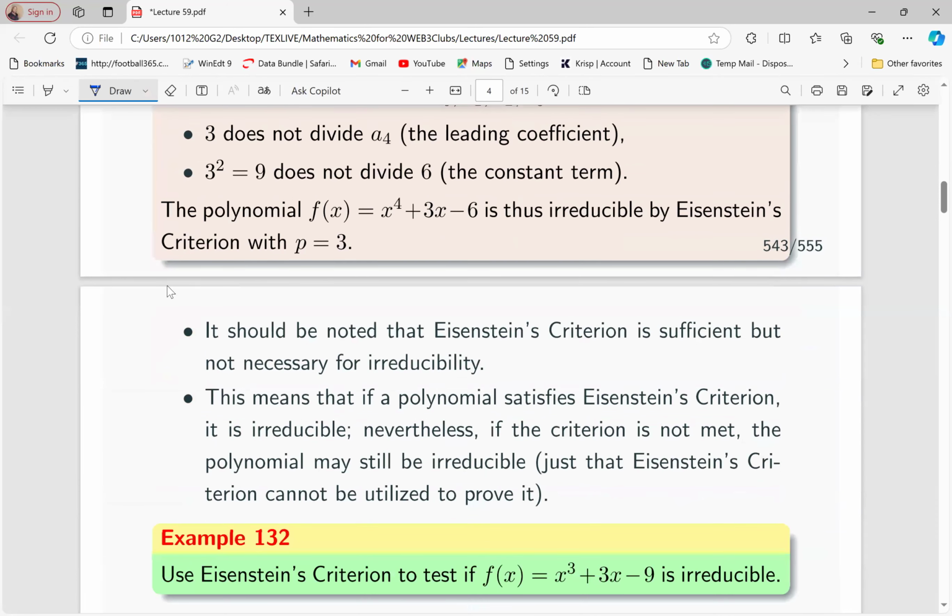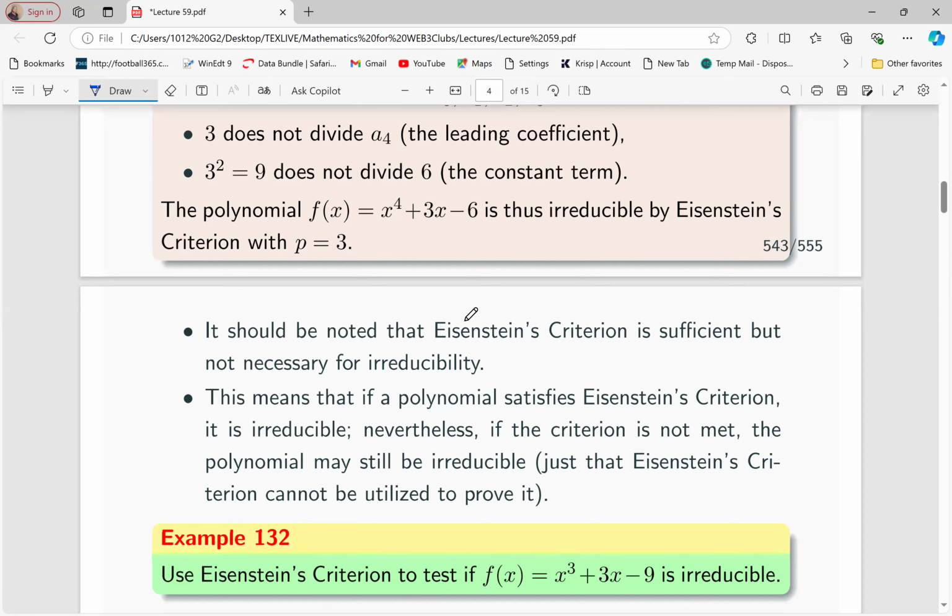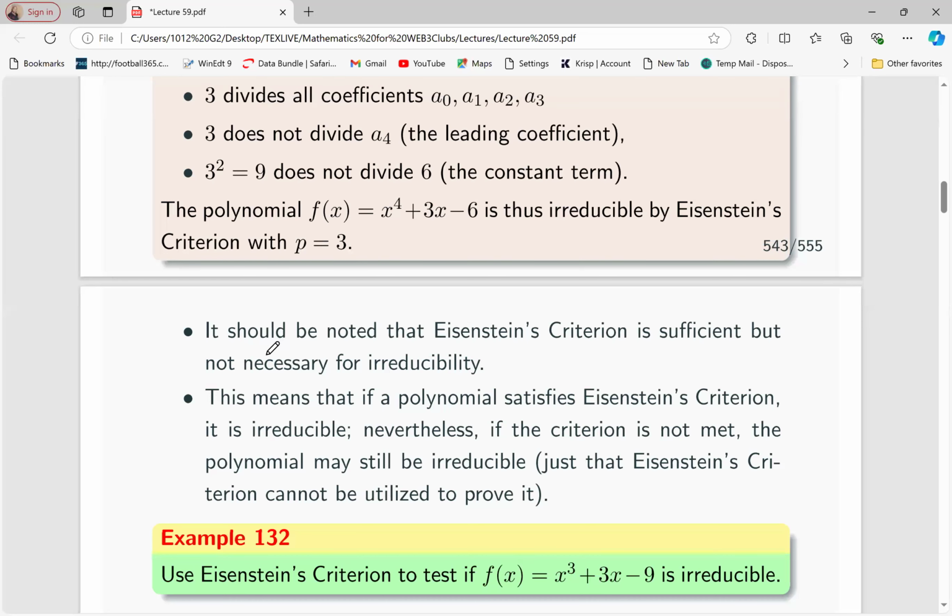Just before that, I've noted something about this criterion. It should be noted that this criterion is sufficient, but it's not necessary for irreducibility. That means it gives us a hint that this polynomial may be irreducible.